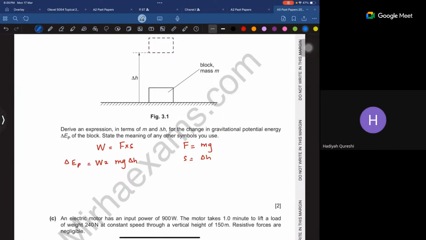Sorry, I said elastic, my bad. Now, you need to identify any symbol you use. So F we're going to say is the weight, M is mass, which is already given. G is gravitational field strength. And what else do we have? Delta H, everything else they've already given.